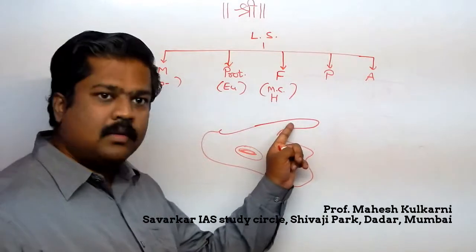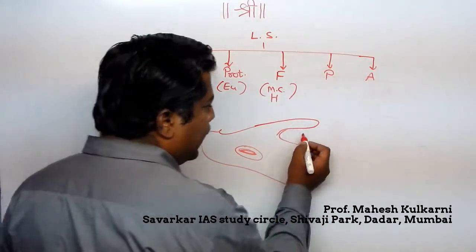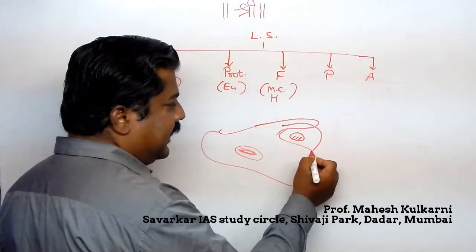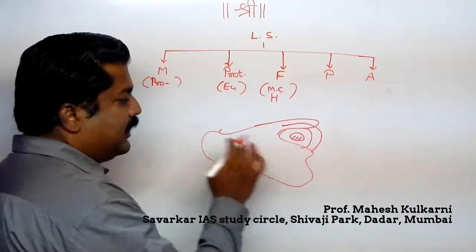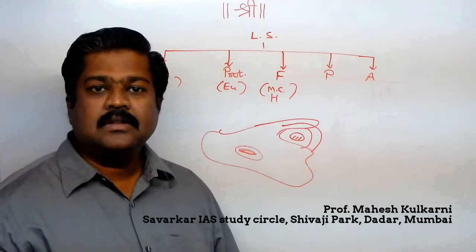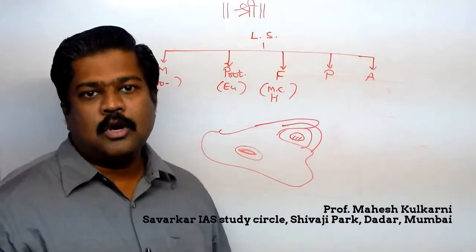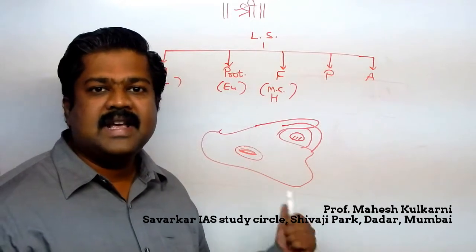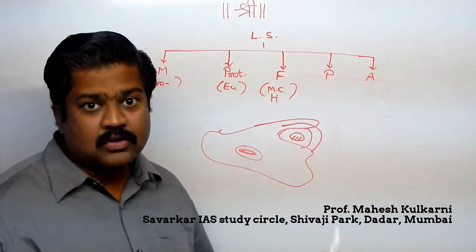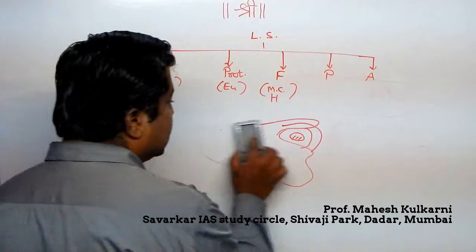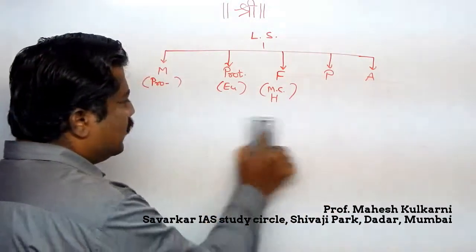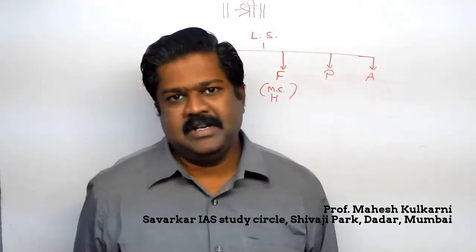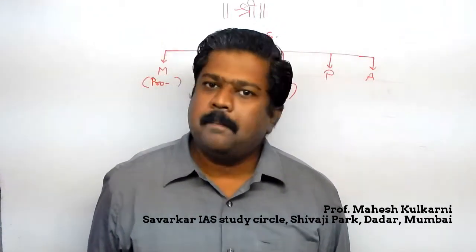Suppose food particle is here, then this pseudopodia covers it, and ultimately that food is taken inside. So like that, the mode of amoeba nutrition is there. This is obviously heterotrophic in nature, because chlorophyll or chloroplasts are absent in case of amoeba. So amoeba is aquatic in nature, living in pond.